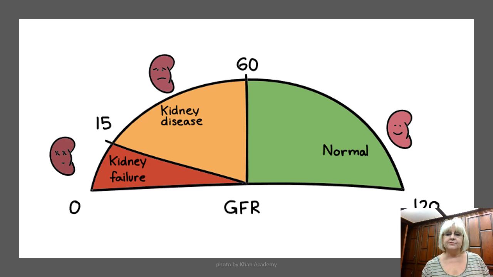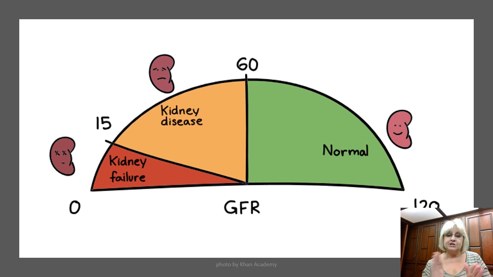If you measure the amount of creatinine in a blood sample and combine it with other information such as age, gender, height, weight, and ethnicity, your doctor can estimate the GFR. This gives them an idea of how well your kidneys are functioning. If we look at this very basic chart, the GFR from 60 to 120 on the right in the green is normal.